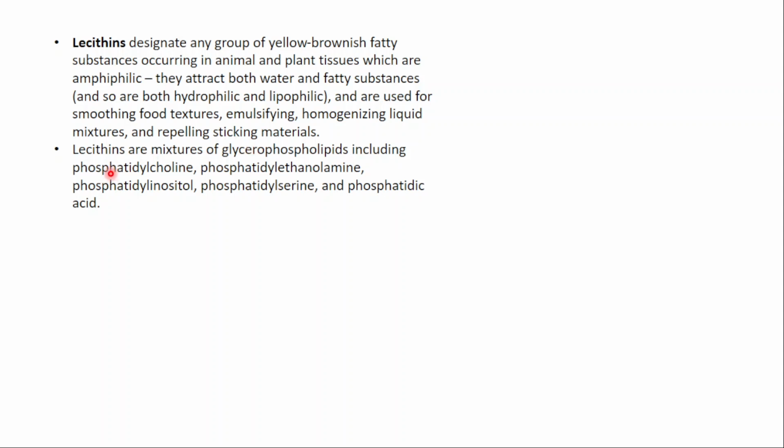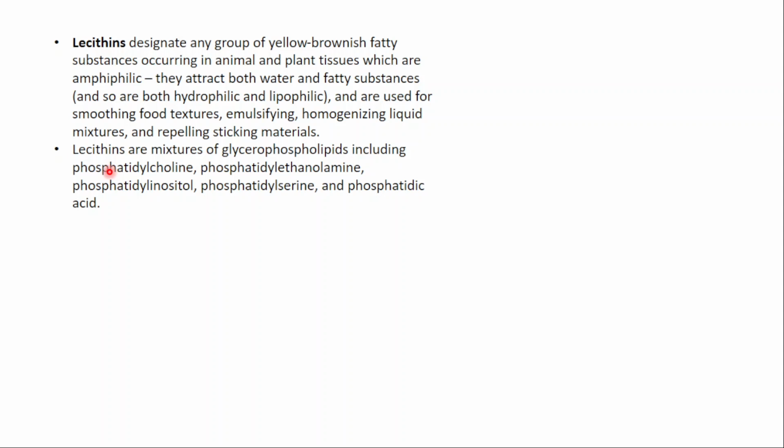And what are lecithins made up of? Lecithins are mixtures of glycerophospholipids including phosphatidylcholine, phosphatidylethanolamine, phosphatidylinositol, phosphatidylserine, and phosphatidic acid. If you remember, these are the units of the cell membrane.